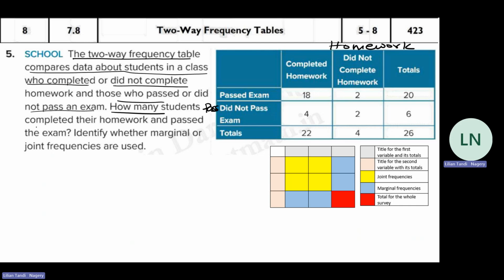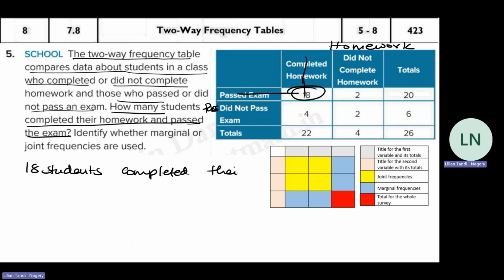How many students completed their homework and passed the exam? Completed and passed, they are meeting here. So 18 students completed their homework and passed the exam.